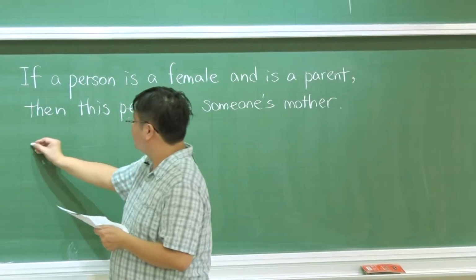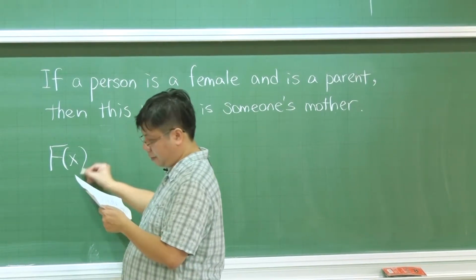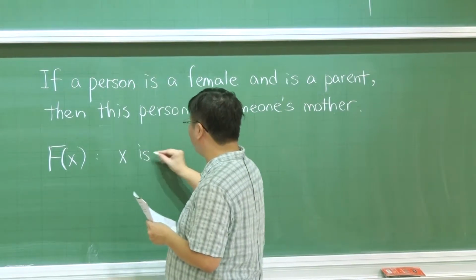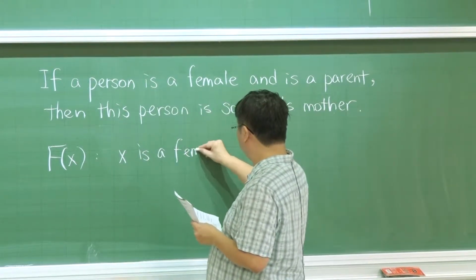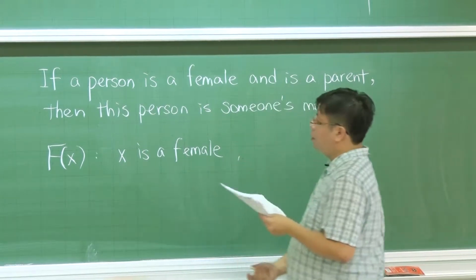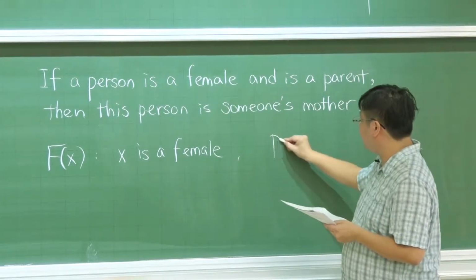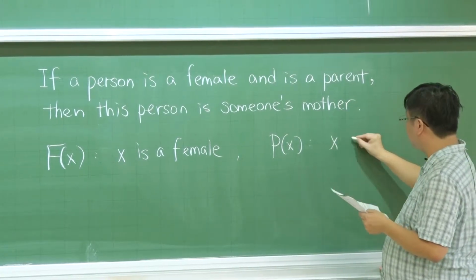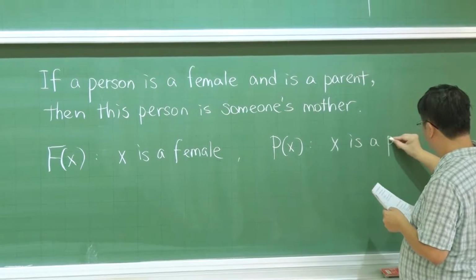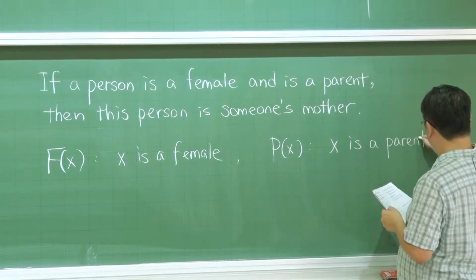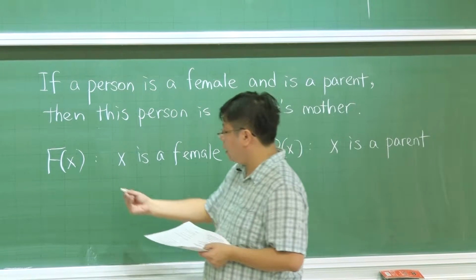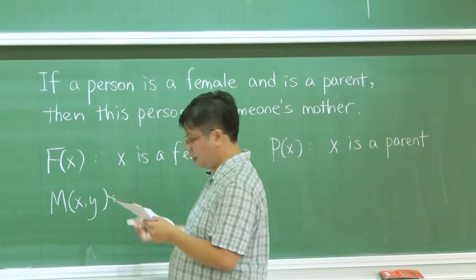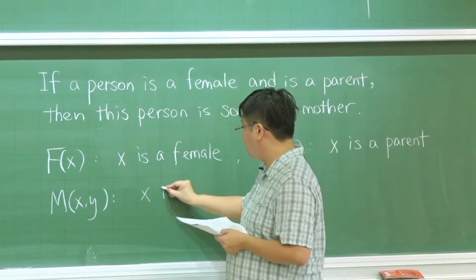Okay. So let's say we have a proposition Fx such that x is a female. We have another proposition, let's say Px, and this Px is x is a parent. And then let's say we have a proposition Mxy, x is the mother of y.